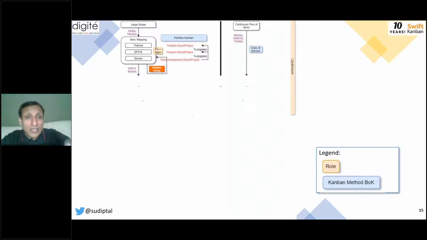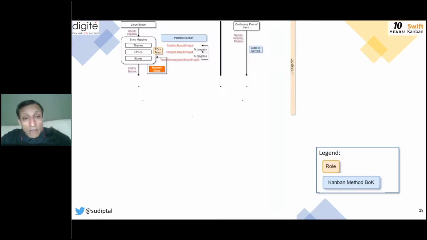If I look at these two branches, if I look at a large scope that is coming in, it could come in from an OKR based approach, or if you have initiatives and themes that you are working on, you would then break it up into stories using a method like story mapping, perhaps the most well-defined and established model to break it up into small independent stories, following the INVEST principle.